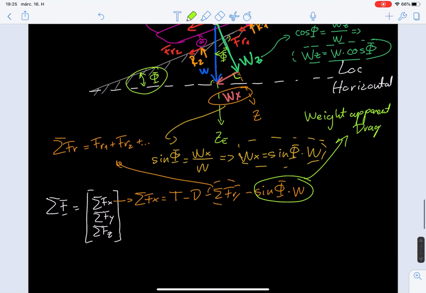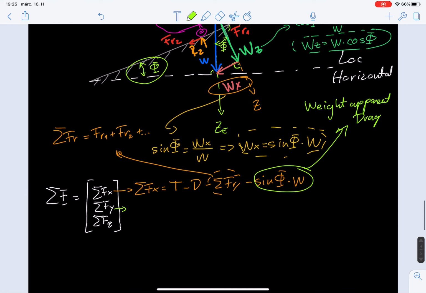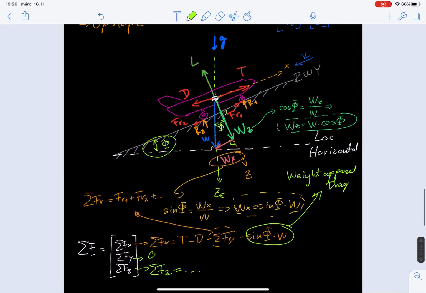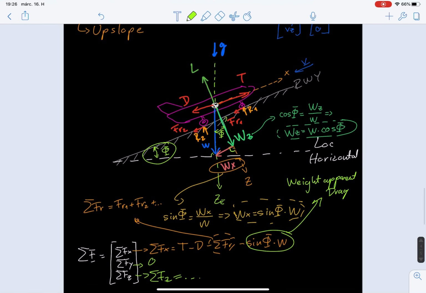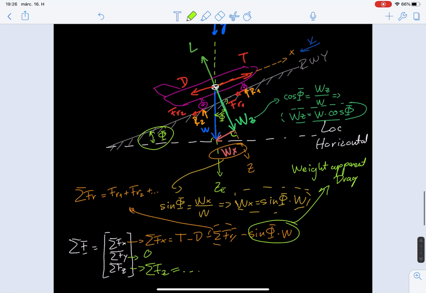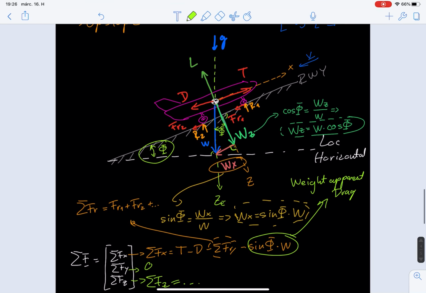And we could also do the sum of the forces in the y, which we're going to presume for this calculation to be 0, and we could also do the sum of the forces in the z direction, but it's not important. You can actually do it and see how the whole thing is affected. You're going to see that the friction forces are actually reduced somewhat because of this reduction in the weight component.